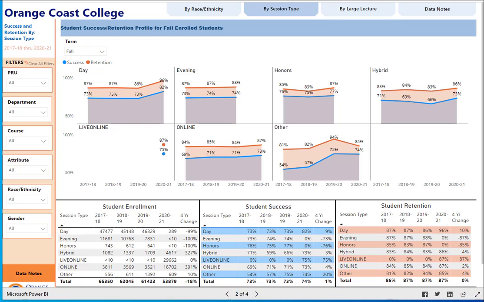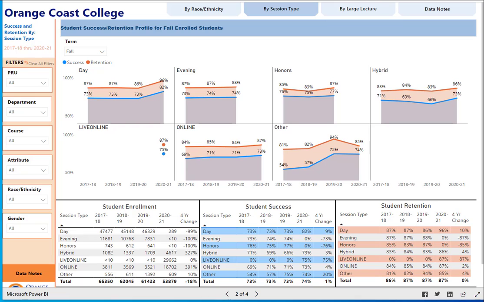Courses offered on campus are found in the categories day, evening, and hybrid. Live online and online are distance education modalities. If any portion of the course was offered live online, it will be categorized under live online. Other represents weekends, special permits, things outside these general categories.